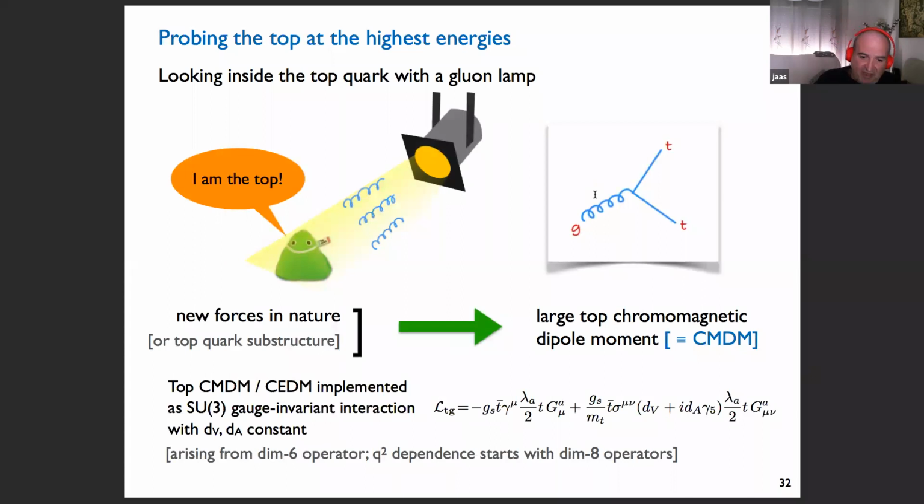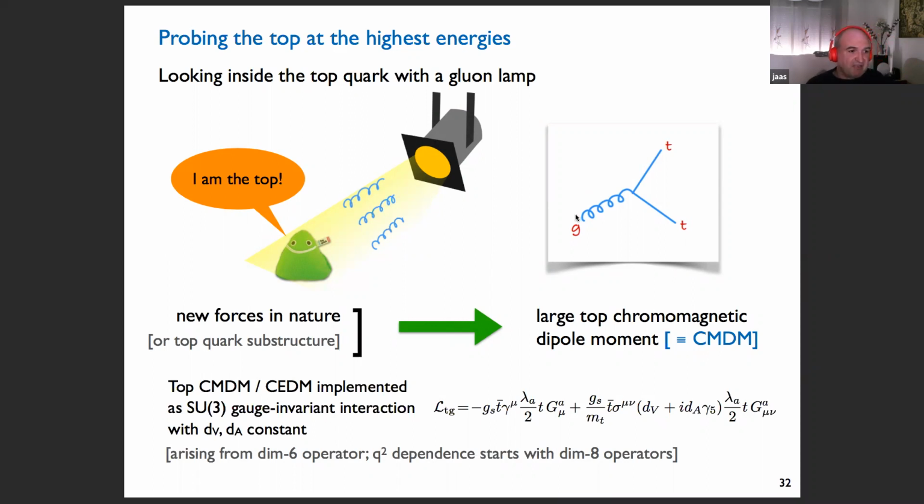Let's begin with probing the top at the highest energies. Well, there is an easy way to probe the top quark, which is the chromomagnetic dipole moment, because it's involved in the production of the top quark.